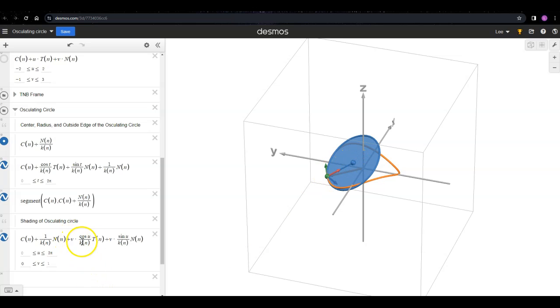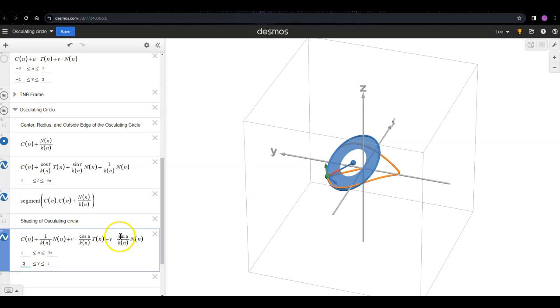And then this V, you can see if I change this 0 to 1, gives me my shading. So V is how far out I'm going as a radius from that center. Right now I'm only starting at 0.5, going out to 1. So things from radius 0.5 to radius 1 times this real radius, 1 over k, times that cosine.